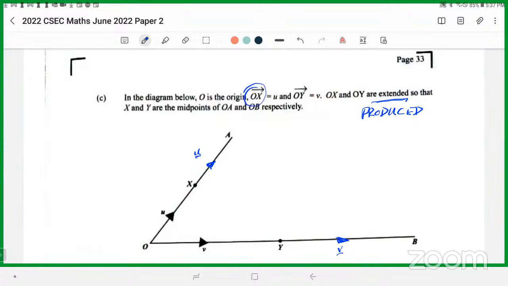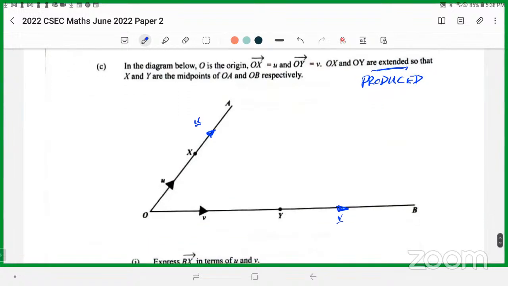So this is different from OX. OX just means the line OX or the length of the line OX. But with the arrow on top, it means how do I go from O to X? What vector takes me from O to X? That's what this means, not just talking about the length alone. All right, you have to be able to differentiate scalar quantities from vector quantities.